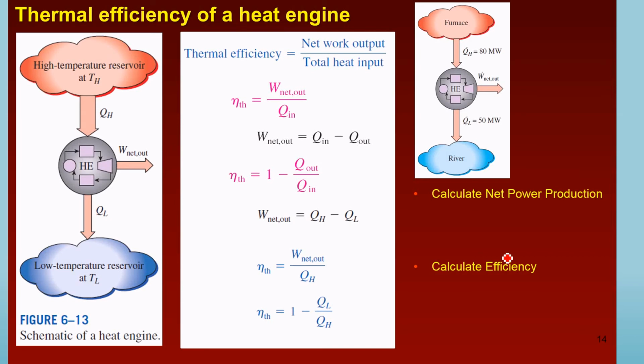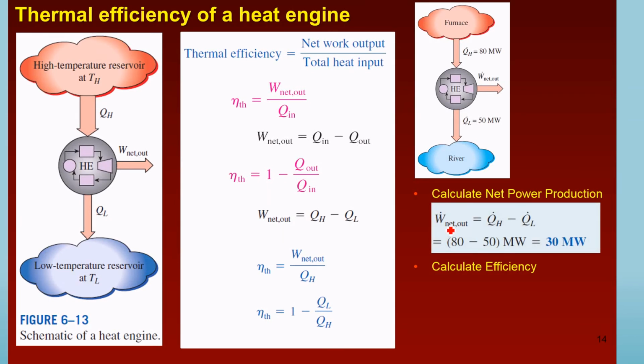So net power production we can find using the energy balance equation. QH is our heat input, and QL and W net out are going to be our output. So QH is equal to QL plus W net. So we can write W net is equal to QH minus QL.